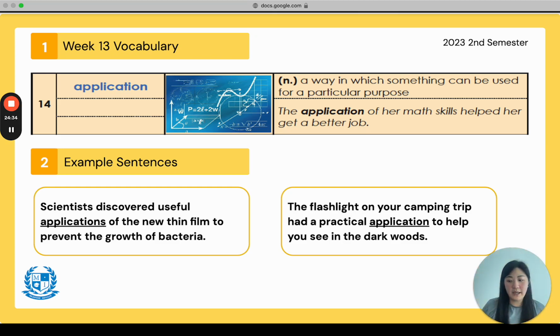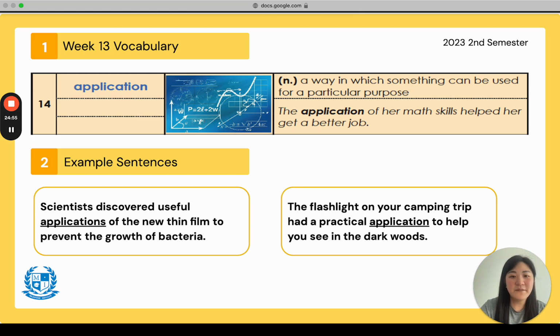This is an application on a lot of our elevators right now. In Korea, we have a plastic film sticker on top of all of the buttons on our elevator, which is to stop or prevent the growth of bacteria. You didn't know, now you know.